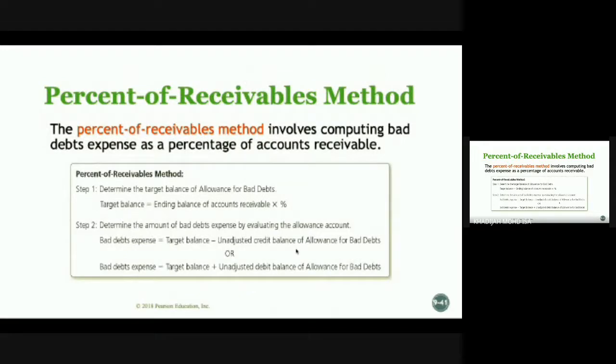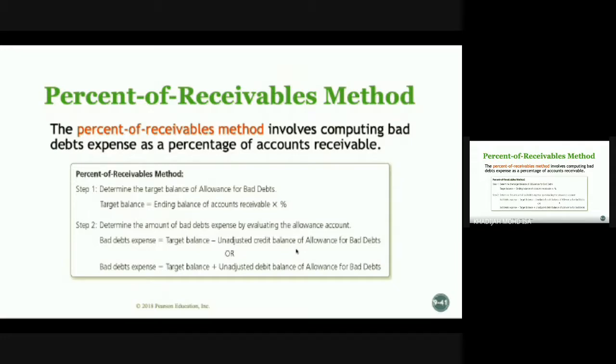All right, what about the percentage of receivable method? Just now it was based on sales, which could be credit sales only or total sales. But if you talk about receivable, then whatever the balance of your receivable is, you take a certain percentage. Number one, determine the target balance of allowance for bad debt: the ending balance of account receivable times a certain percentage.